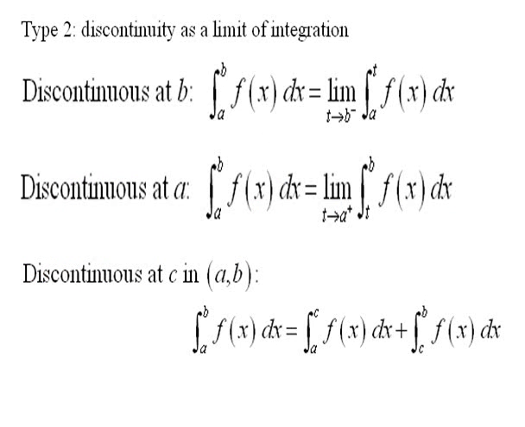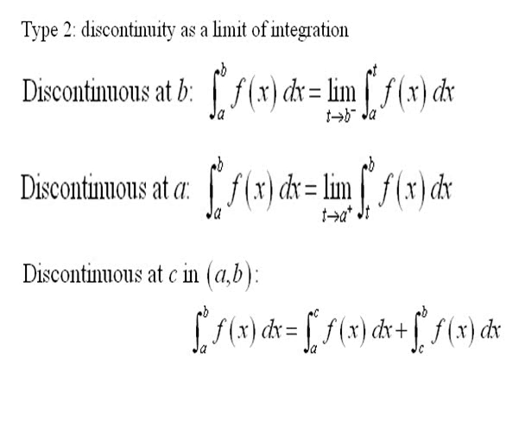So that was an example of an improper integral of type 2 in which there's a discontinuity either at a limit of integration or between the limits of integration. If there's a discontinuity at the upper limit, replace that upper limit with a variable and find the limit as that variable approaches the upper limit from below.